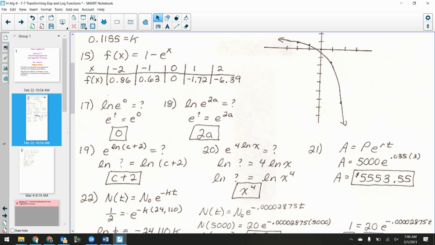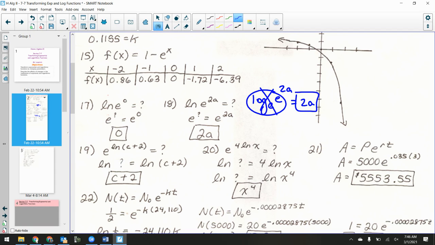I would say here, this would be turned into log base e of e to the 2a, which means that would cancel, leaving just a 2a. That's the way I would write it. Same thing here. e to the ln of c plus 2 is really like saying e to the log base e of c plus 2, which means that will cancel, leaving just the c plus 2.